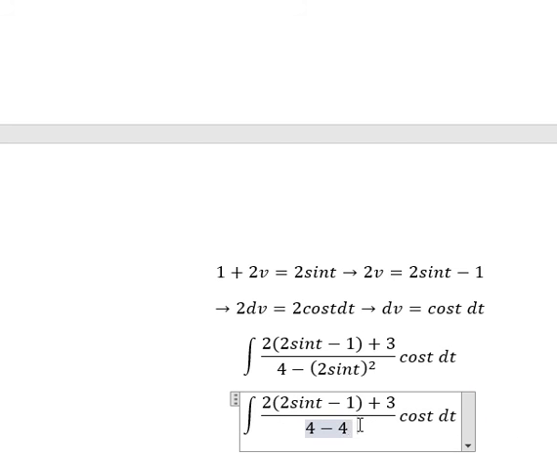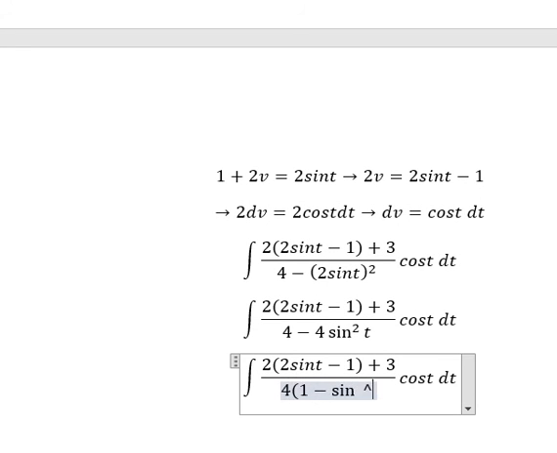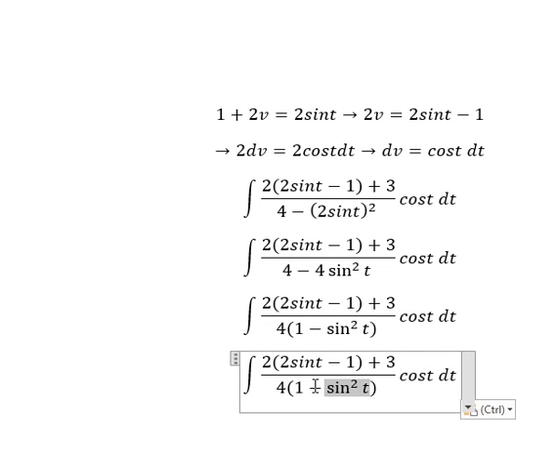This one we have 4 sine t square. So number 4 we can do about factorization. 1 minus sine t square we change by cosine t square.